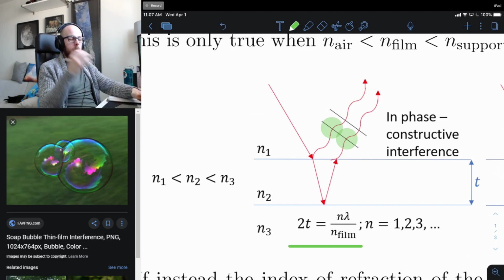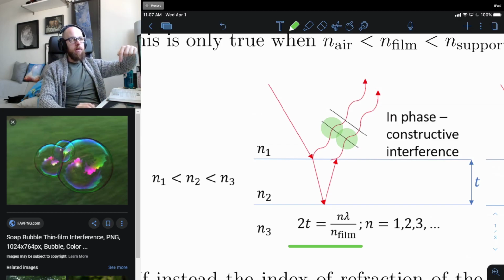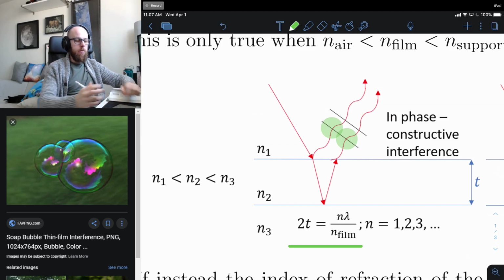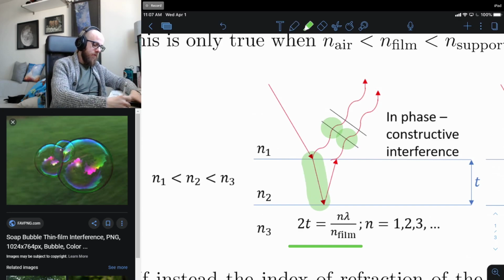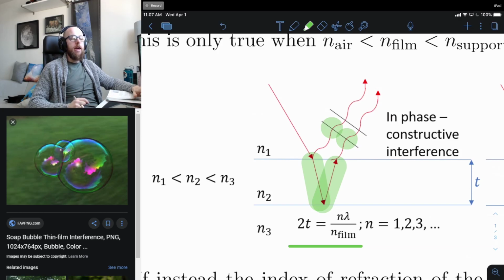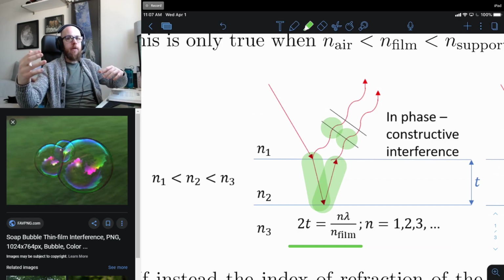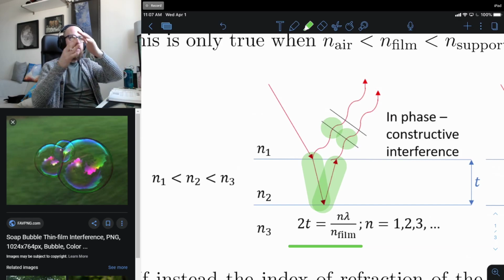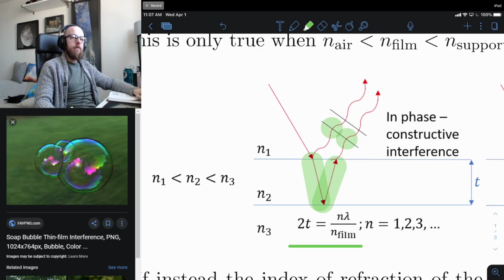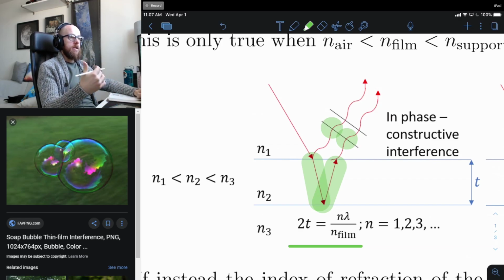The way you want to think about that is, as the light ray is traveling in the film, this portion here, if the ray that's traveling inside the film travels an integer multiple of the wavelength, then when it emerges back out of the film, it'll be in phase with the original reflected wave. And so this criterion enables the waves to interfere constructively.